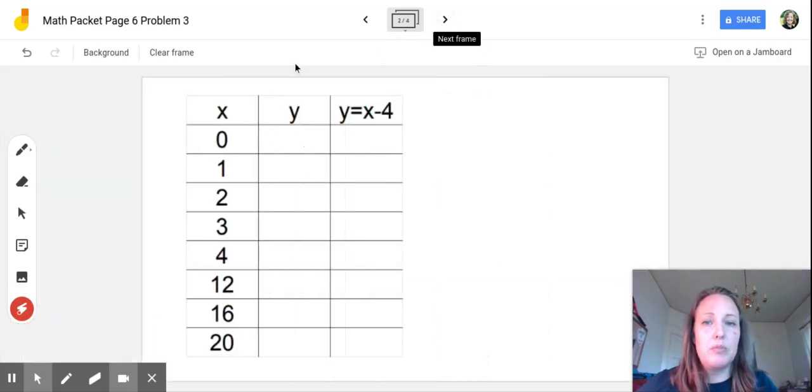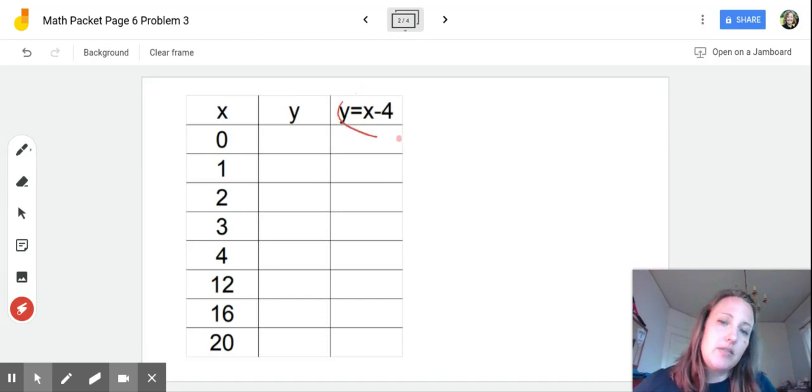So Y is how much money I make, and X is how many pom-poms I sold. I totally made this up, just pulled these numbers out of nowhere. This is the equation that they give us to figure out how much money I make.